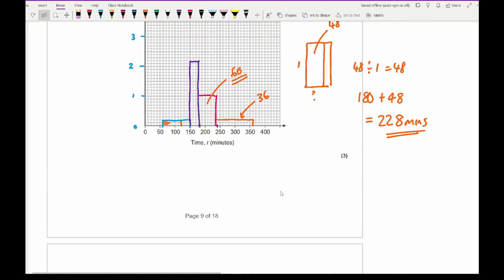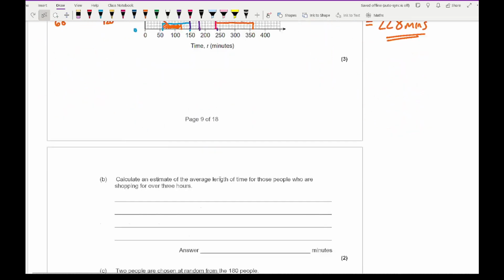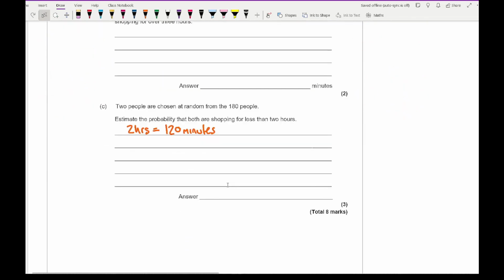What I need to do is work out what the area of this little orange bar is going to be. This little orange bar starts at 60, and we want it to go up to 120, and we know that the height of that bar is 0.2. So here it's going to be 0.2 times 60, which equals 12. So there are 12 people that are taking less than 120 minutes.